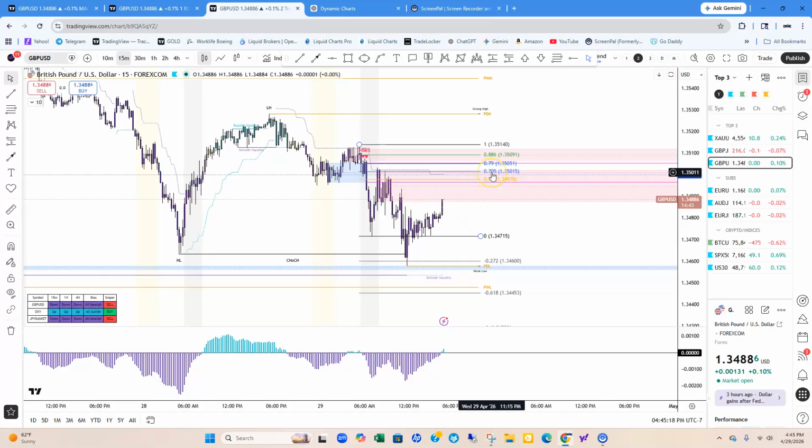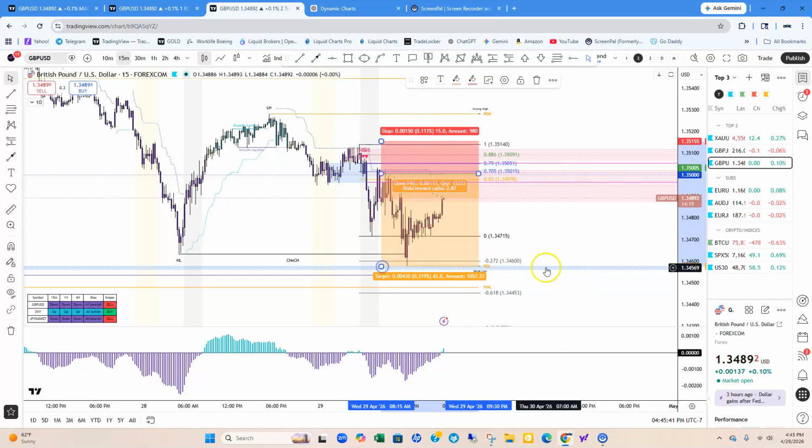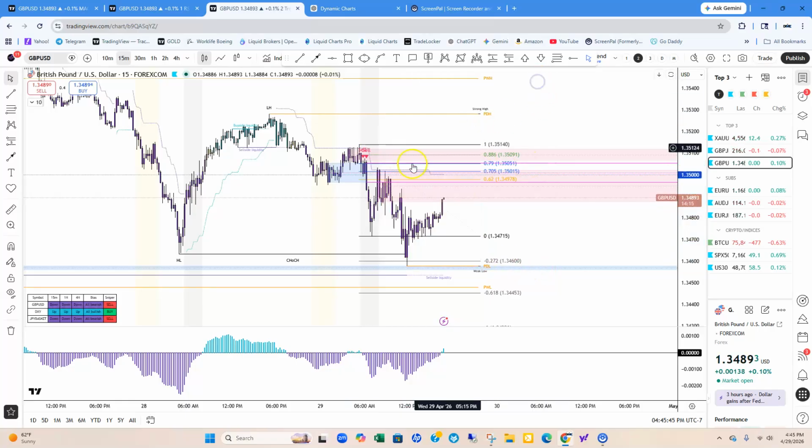The 70.5 is going to be your optimal trading entry, so that's one you might want to focus on. If you want to set pending orders, you could have done something like that. Put the stop above that high and then take it down to this zone or whatever. So something like that. Like I said, it's real simple.